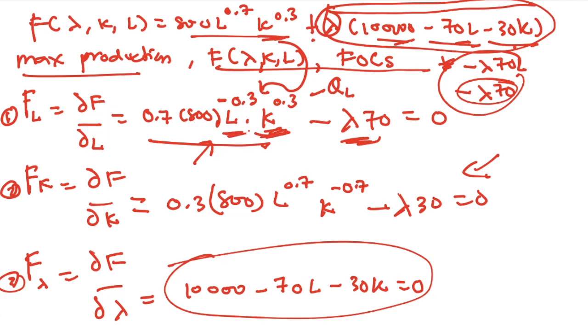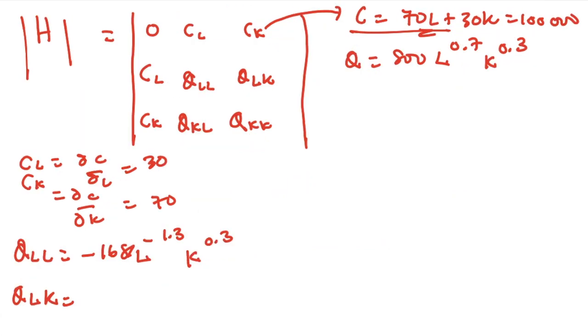This becomes constant, isn't it? So when you differentiate it, you get positive 168 times L to the power of minus 0.3 times K to the power of minus 0.7.